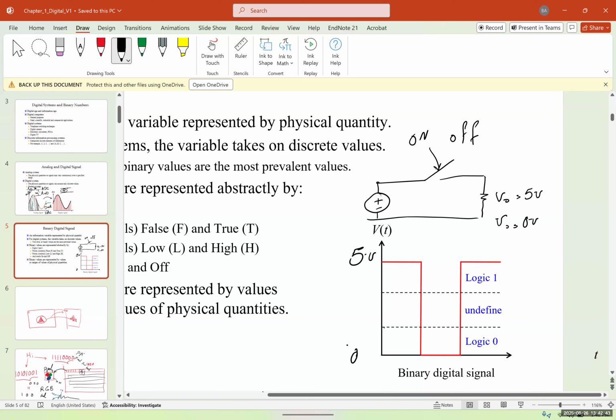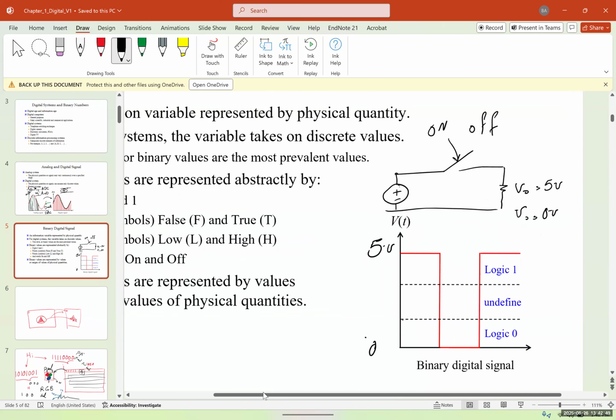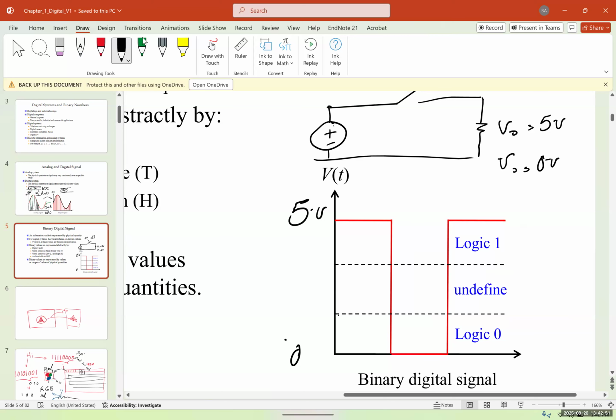And usually we want to put a threshold, an undefined region between them. So the region between, usually we put an undefined region, and I'll explain why we need this undefined region. So if we have a 0 and 5 system, anything below 3 and above 1 volt is in the undefined region.